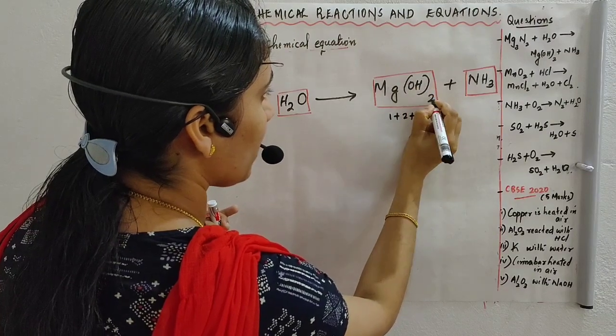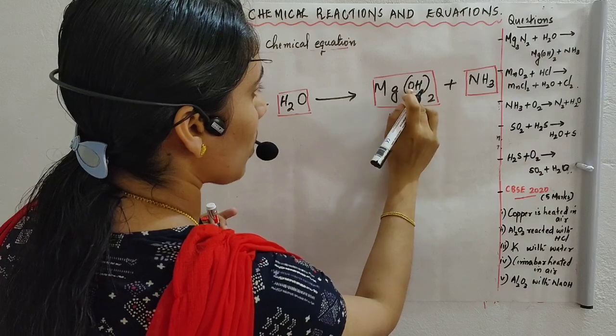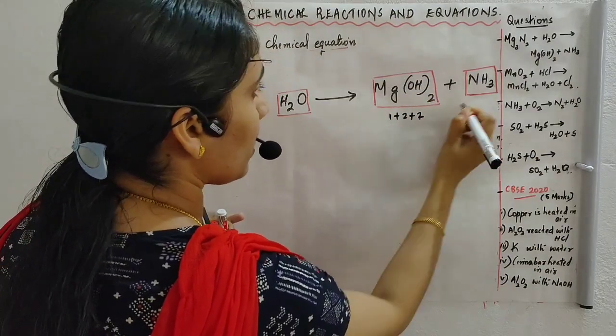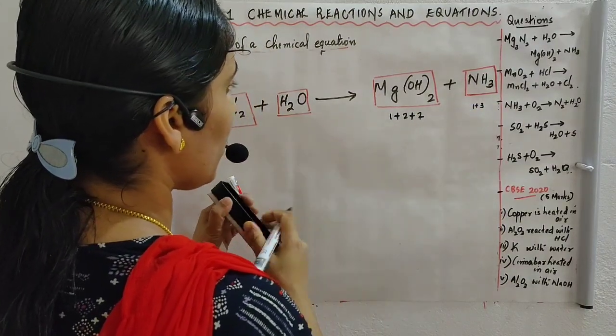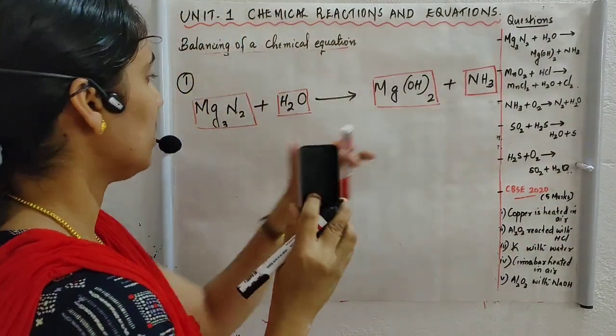There is a bracket and a 2, this 2 is common for oxygen and hydrogen. So oxygen 2, hydrogen also 2. The total here is 5, and here it is 1 plus 3, that is 4. So you can select the biggest formula. Anyone can consider this one or this one.